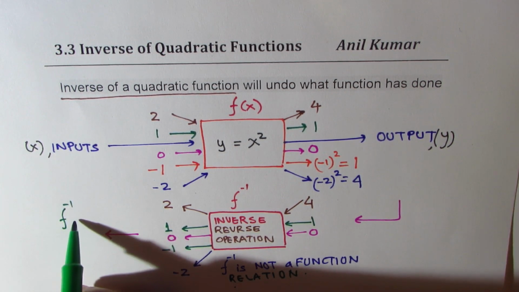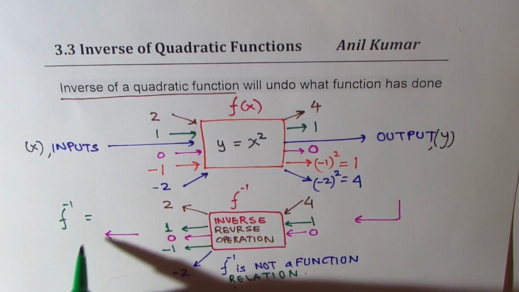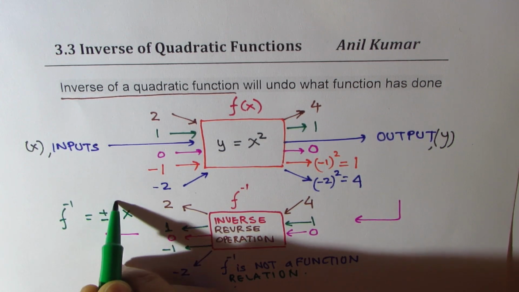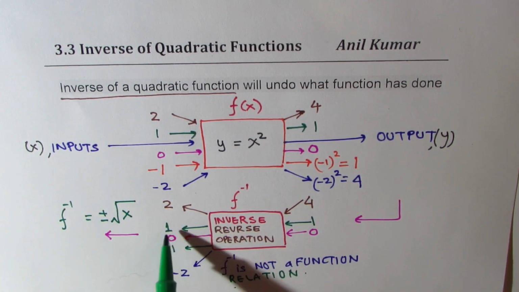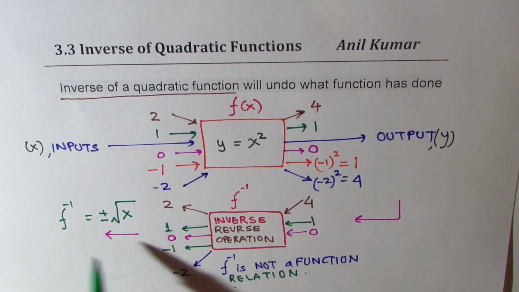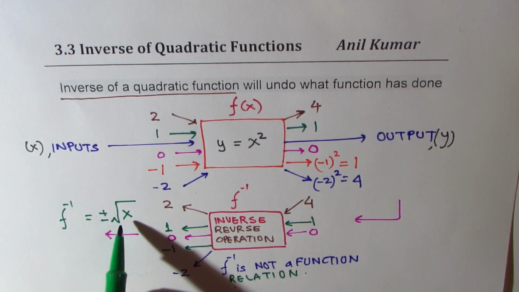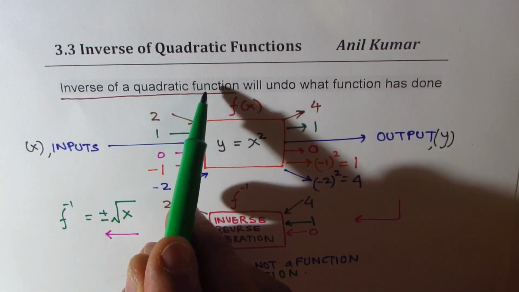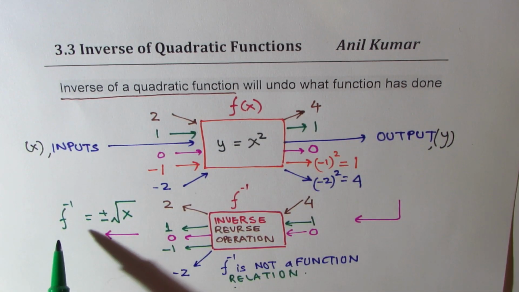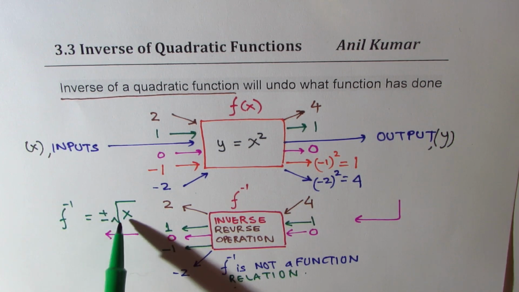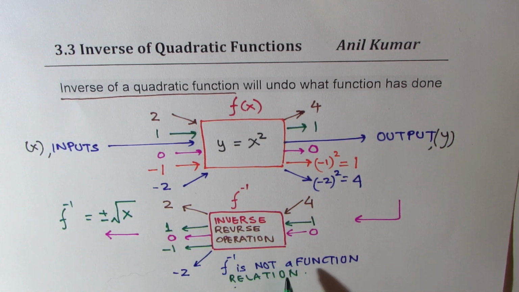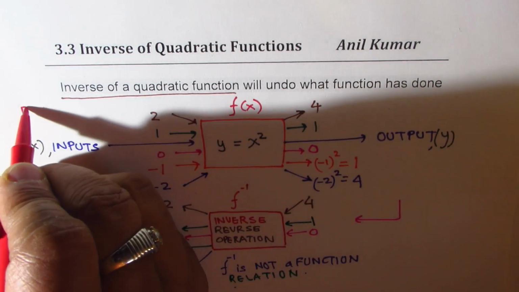We don't write x here since it is not a function. It is equal to plus and minus the square root of x, so we get 2 values, plus and minus. So we can always write a relation which is the inverse of the quadratic function. In this case, the relation is f inverse equals plus minus square root of x. Now we'll learn the technique to make this a function, and the technique is to restrict the domain.